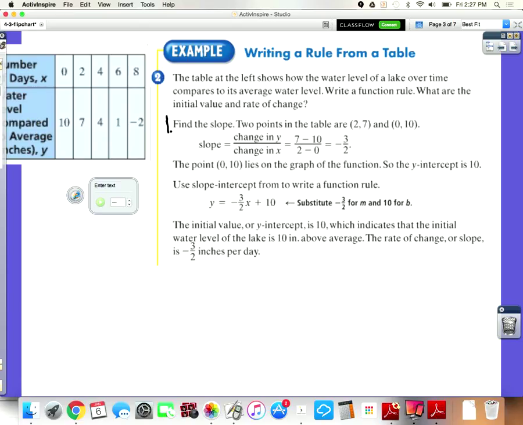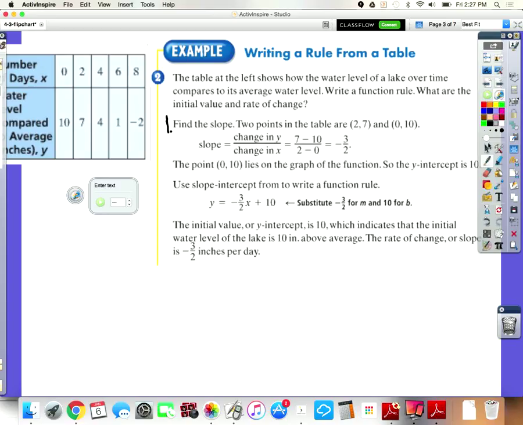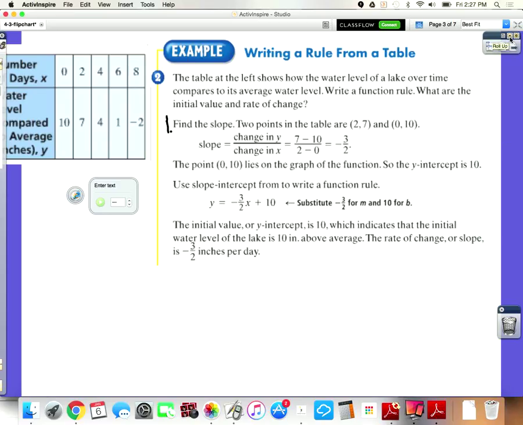So put negative 2 minus 1 over, and since I use negative 2 first, I have to use 8 first.